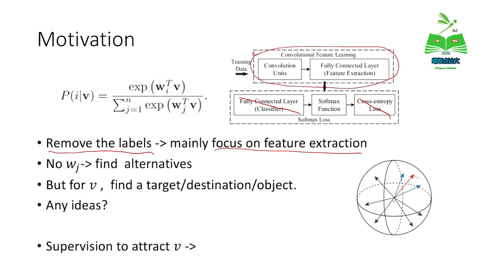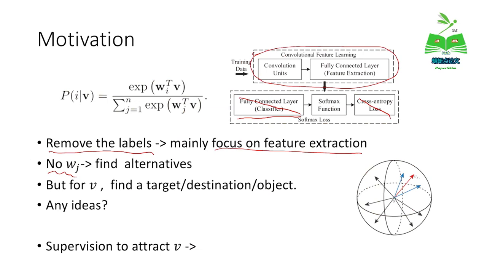So we focus on the backbone task. Now since we don't have this fully connected layer classifier, we don't have the Wj. We don't have the W.